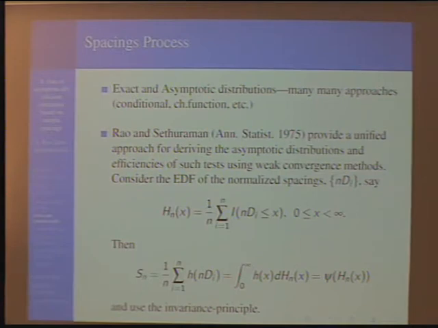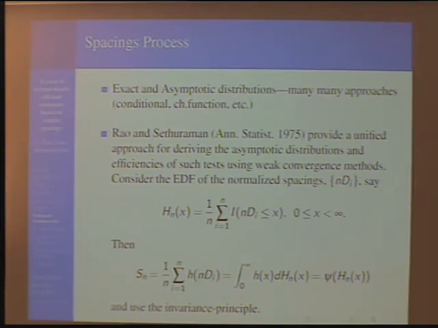So conditional approaches. And so we at some point gave a general approach that says, let's look at the empirical distribution function of what we call normalized spacings, this capital H n of x function. Then you can write any statistic S n, look at the last line, as a functional of the H n of x.